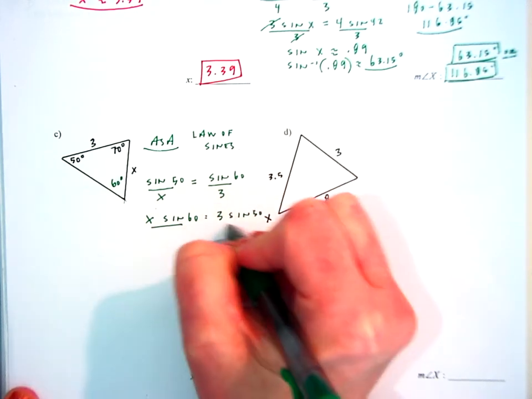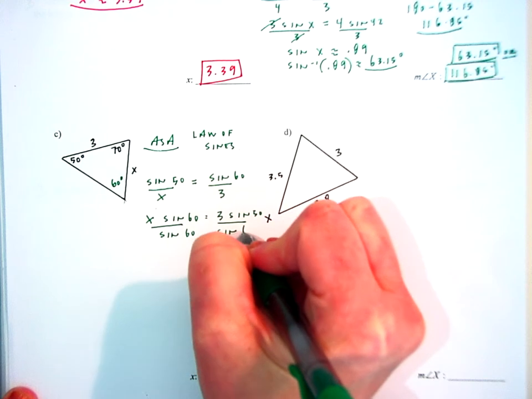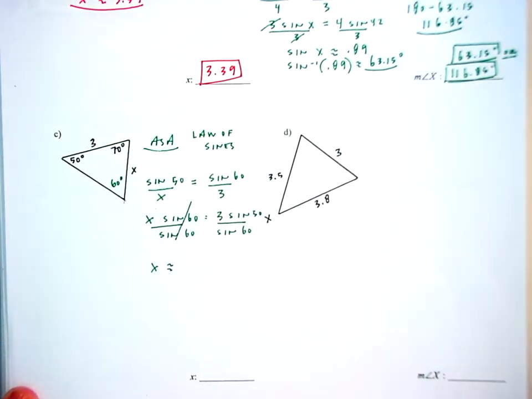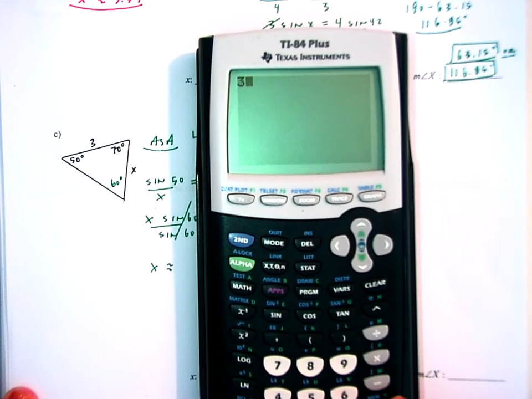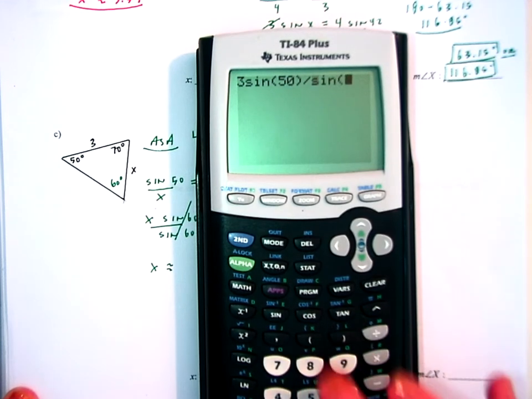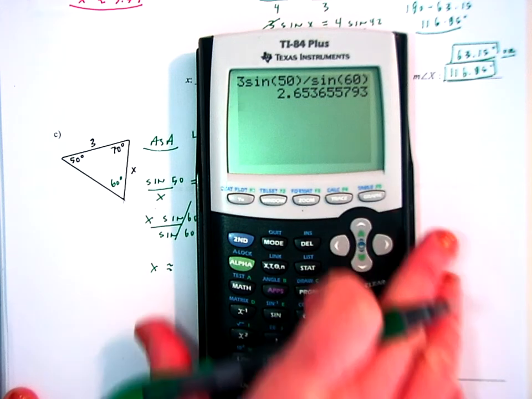And then I'm just dividing away the sine 60 from both sides. Here I can go straight to my calculator, type that in. So here I have 3 times sine 50, and then I'm dividing that by sine 60. So here I'm getting about 2.65.